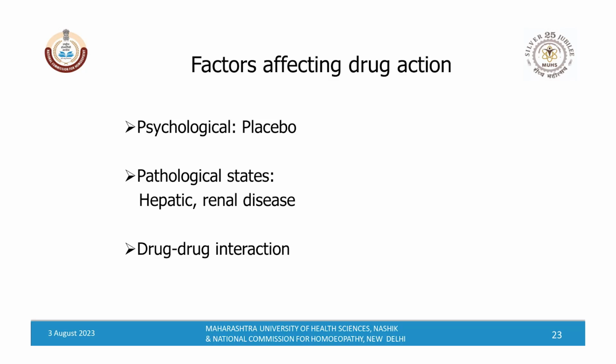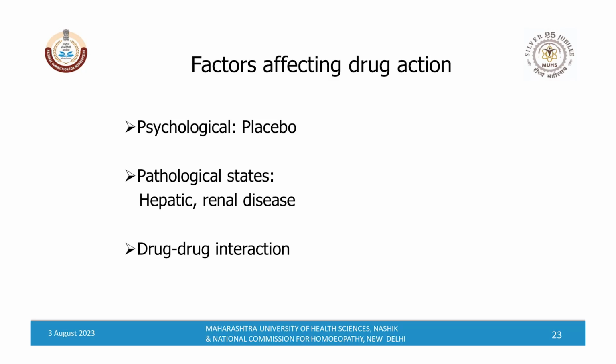Of course, the physician does not tell the patient that he has prescribed a placebo. So then what happens? It works on the psychology of the patient. The patient feels that yes, I am being treated by the physician with this particular drug, and that actually helps to cure the so-called disease in that patient. So psychology, mind you, also plays an important role in the action of the drug.